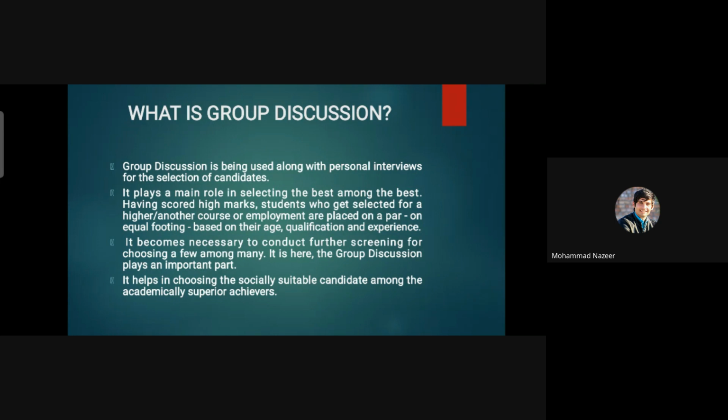Apart from that, why it is required: it becomes necessary to conduct further screening for choosing a few among many. So it is just like a screening. They are just going to shortlist you, because if you have 10 members, out of 10 only 2 or 3 genuine people will be shortlisted, and then finally they will go for the final interviews.